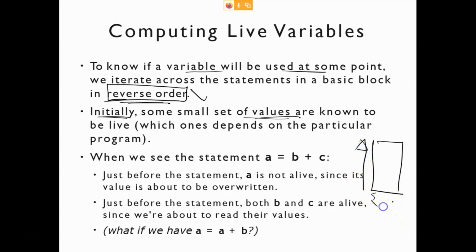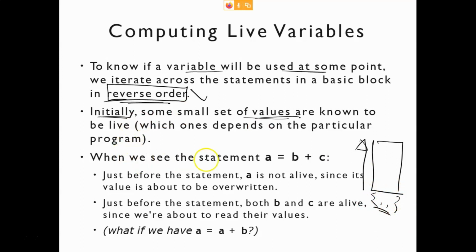So initially, at the bottom of the program, some set of variables will be given to you. If nothing is given, then you can take it as an empty set.